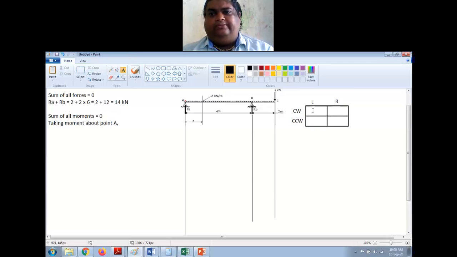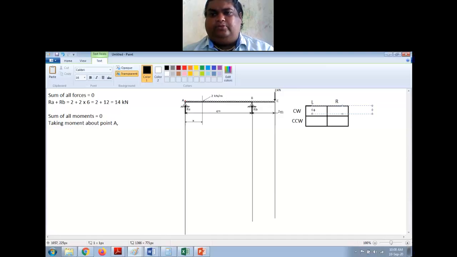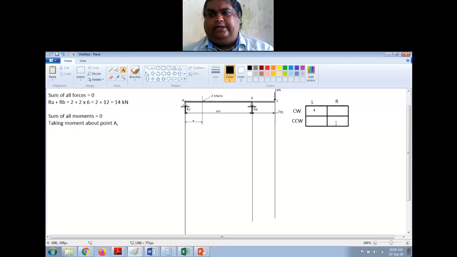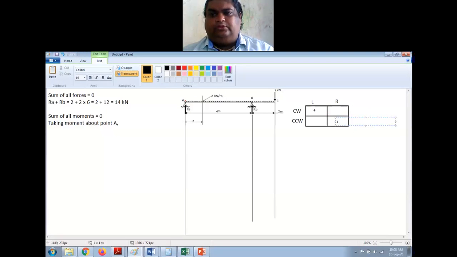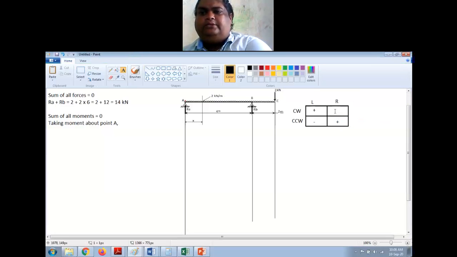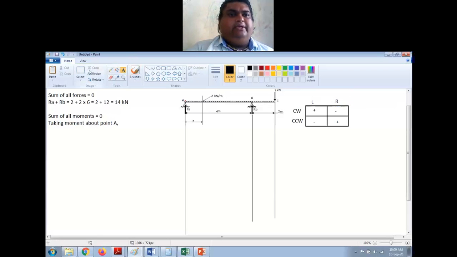Okay, so left side clockwise I take it as positive, the diagonally opposite to this is positive, the remaining two cells I'll put it as negative. Okay, so this is my sign convention which I am using for finding the bending moment.